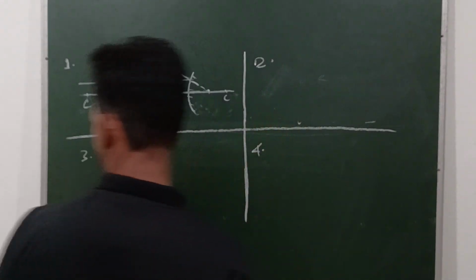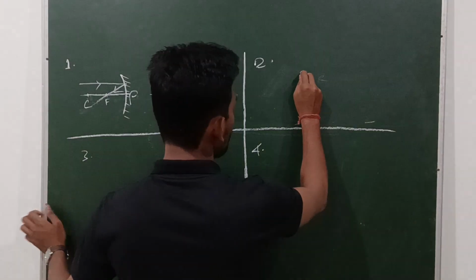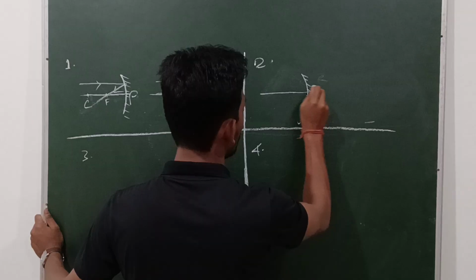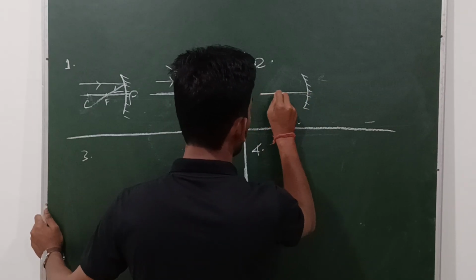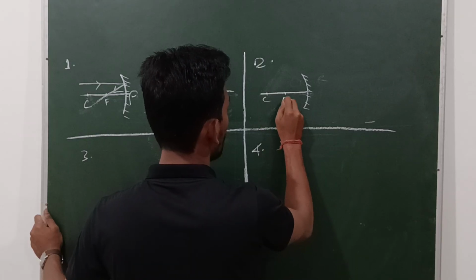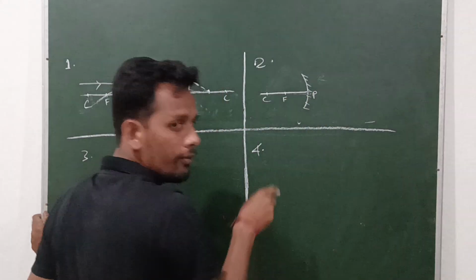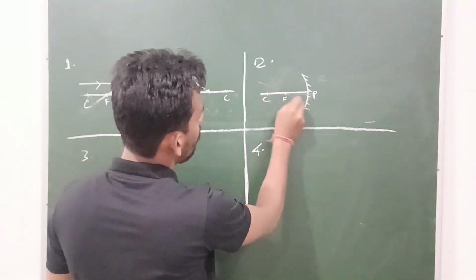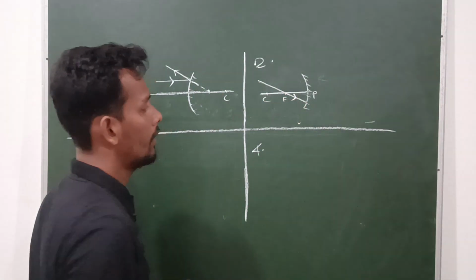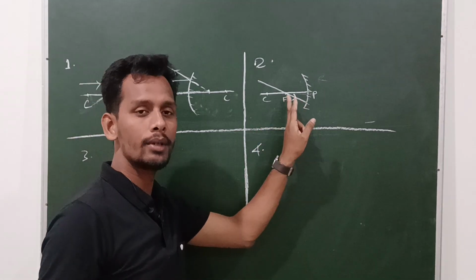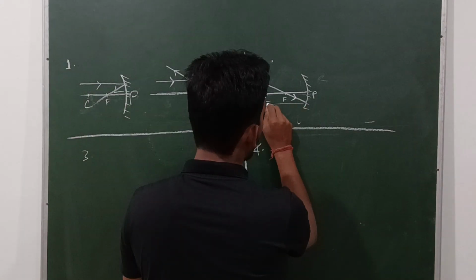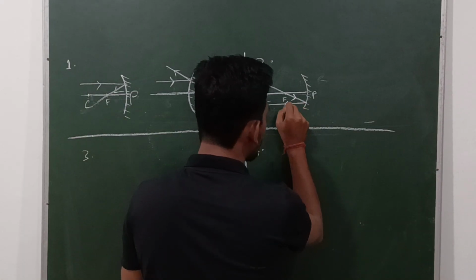Now, second number. So this is concave mirror. So this is C and F, C, F, P. If a ray falls on the mirror passing through the focus, then after reflection it will reflect back parallel to the principal axis.